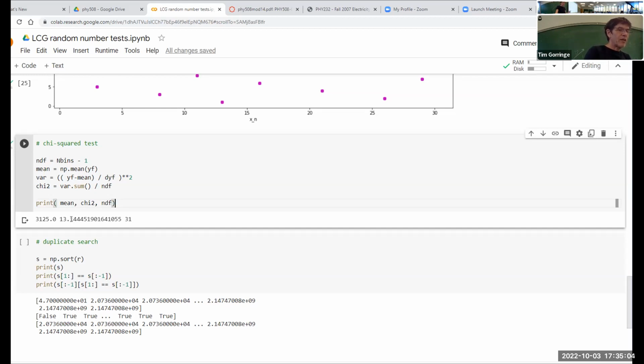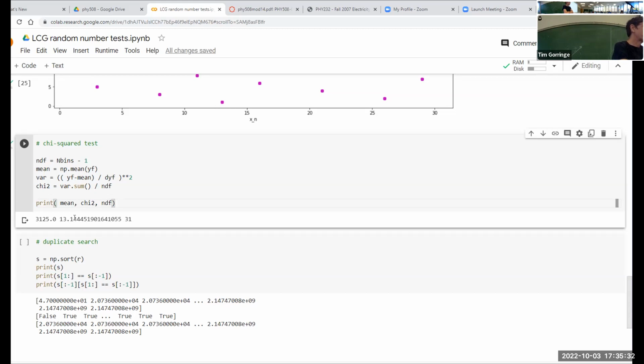And so it's quantifying what we saw by eye. The fluctuations of the data around the mean are much bigger than the statistics would say. And so that's why I got a number that's way bigger than 1. And so that's a final test that I wanted to describe. Any questions on all that?